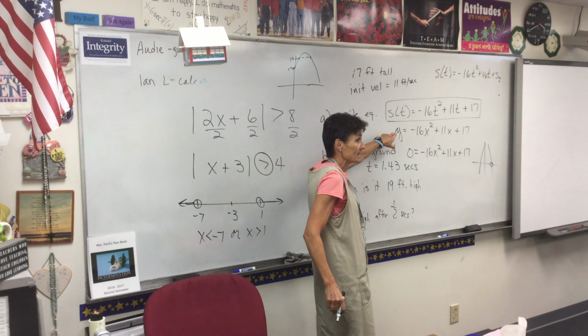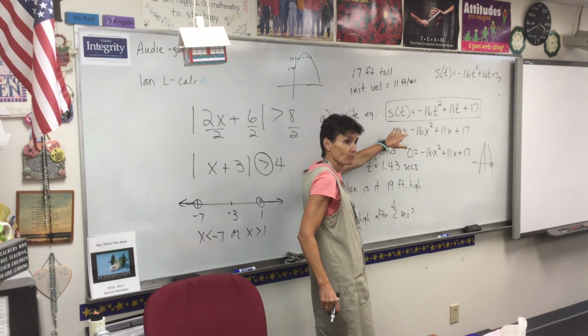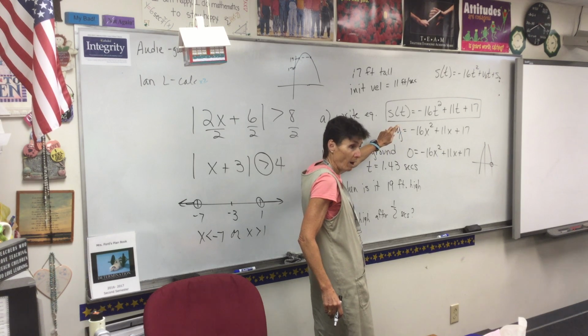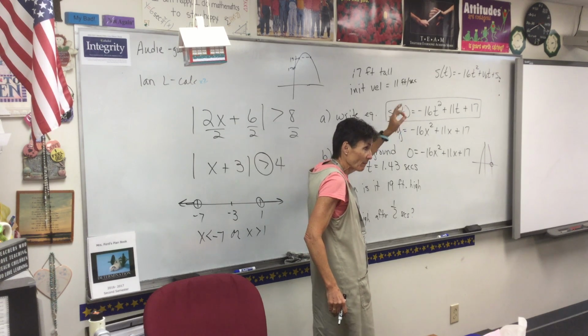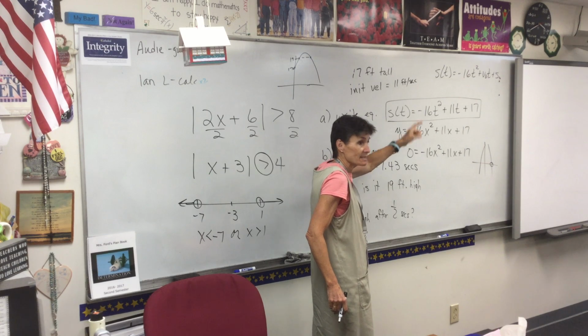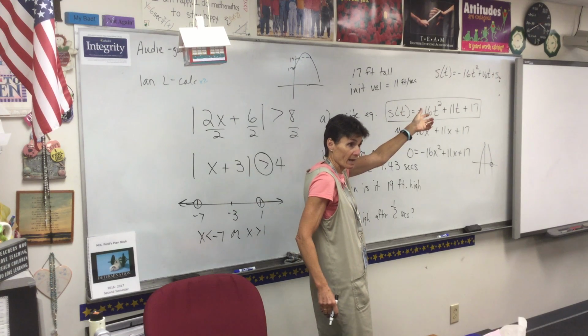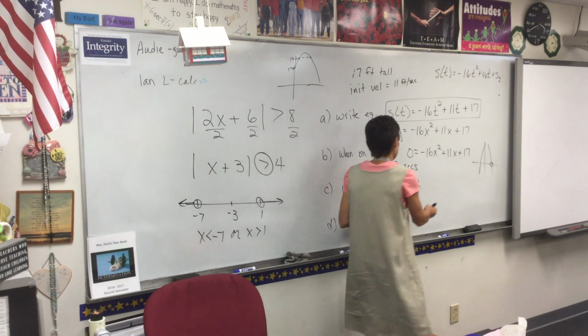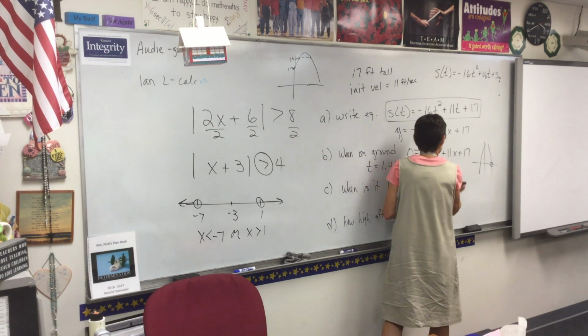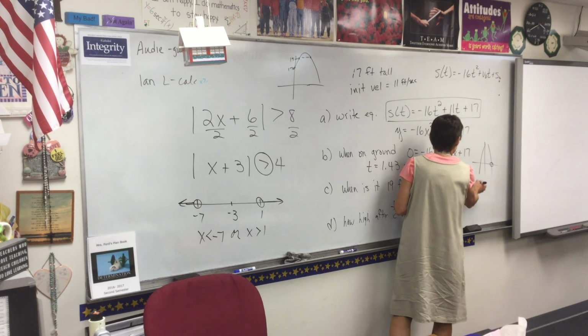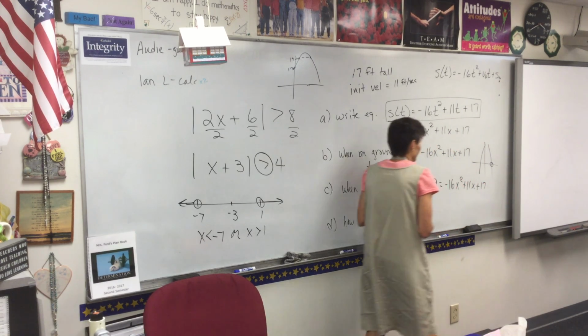Where do you put the 19? In for the y or in for the x? Y. Why do I put it in for y? It's a height. Heights go in for y. Times go in for x, right? So this is going to be 19 equals negative 16x squared plus 11x plus 17.